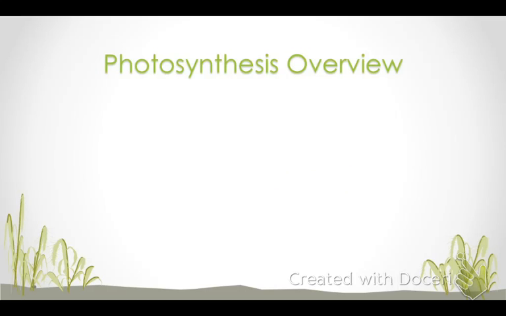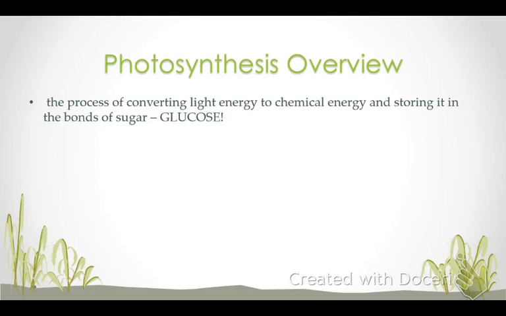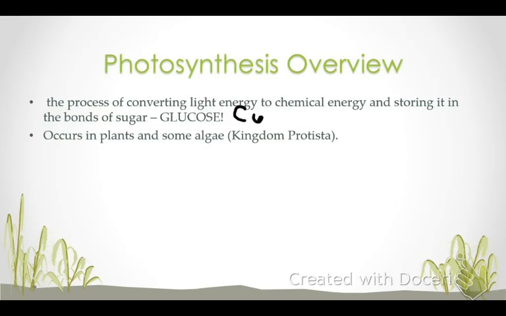So, photosynthesis overview. Quick things: it's the process of converting light energy to chemical energy and storing it in the bonds of glucose. If you remember correctly, glucose is C6H12O6.